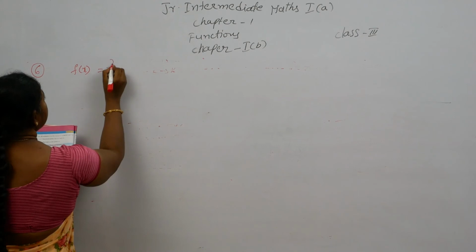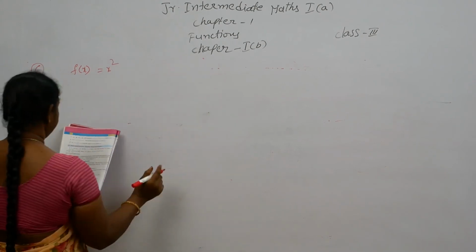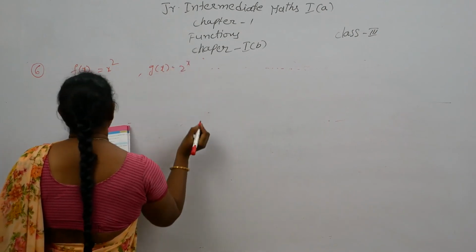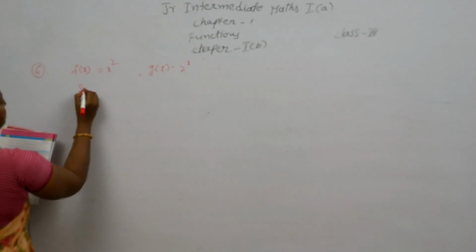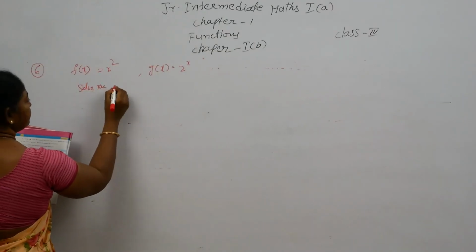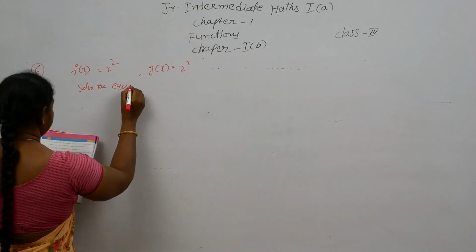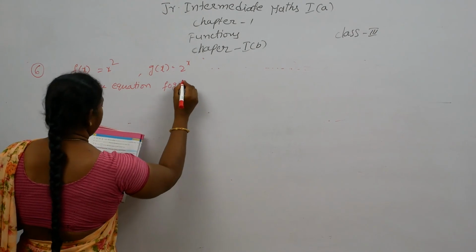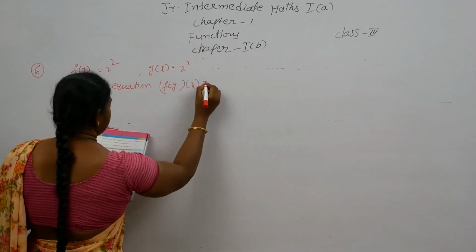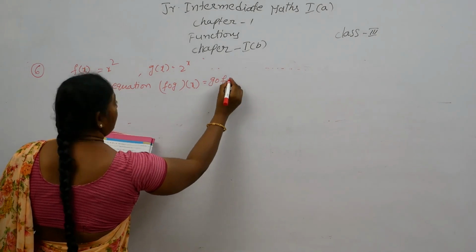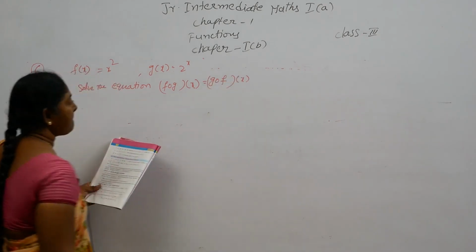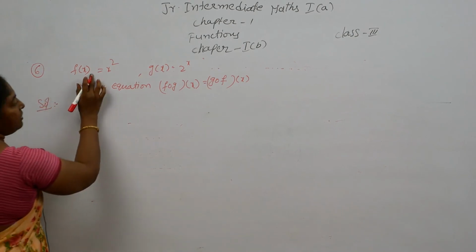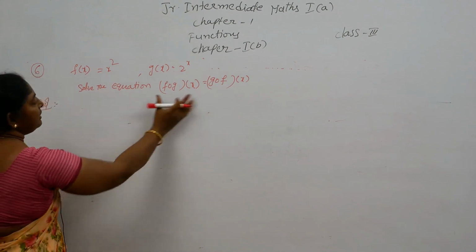Next problem: f of x equals x square, g of x equals 2 power x. Then solve the equation f of g of x equals g of f of x. Solution: f of x and g of x values are given, and we have to solve this.